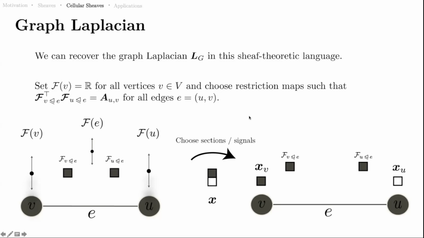If we find those, then we have a sheaf Laplacian which is equivalent to the graph Laplacian. But also the takeaway from this slide is that the graph Laplacian is a very simplistic form of the sheaf Laplacian.